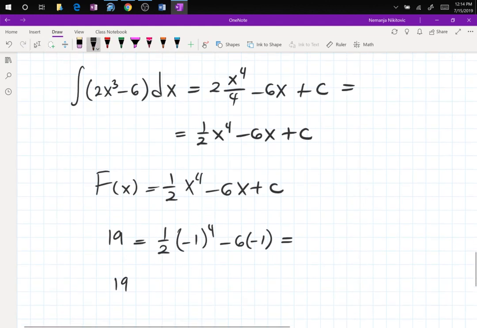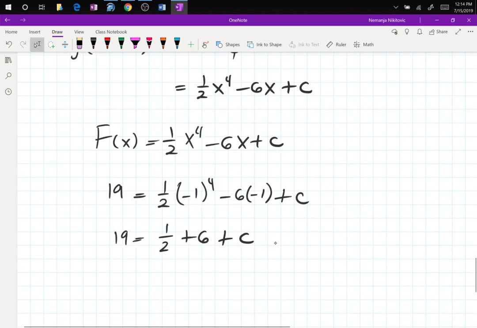So 19 equals 1/2 plus 6 plus c, and c is equal to 19 minus 6.5, and that is 12.5. So we calculate the value of c. But in order for you to calculate the value c, you have to have the value given.